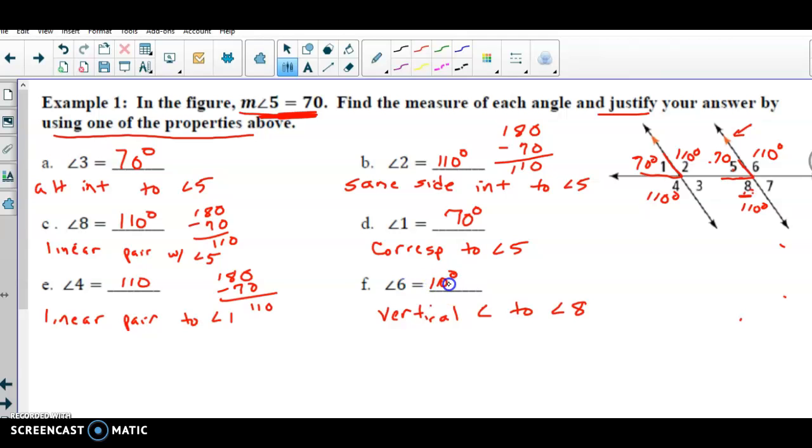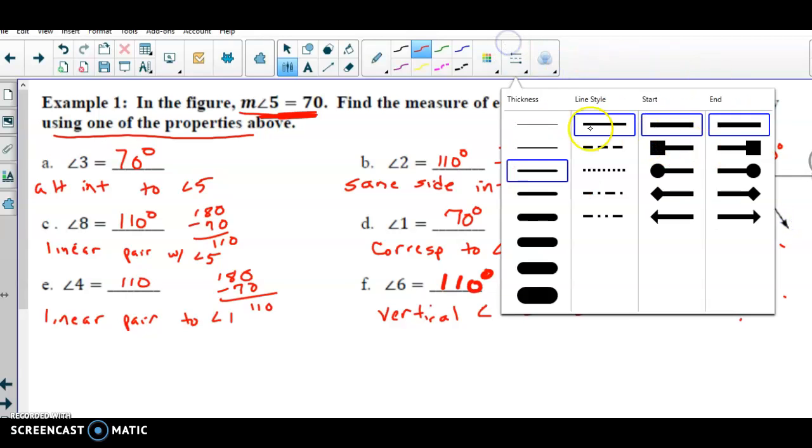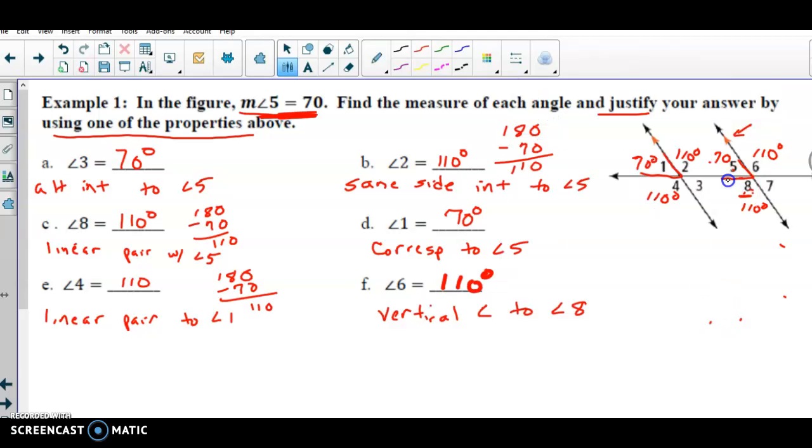So notice when we have this drawing, we really have 8 angles, but we have 2 angle measurements. 4 of them are going to be acute angles. They are all going to be 70 degrees. That one's going to be 70 degrees. That one's going to be 70 degrees. And then all of the obtuse angles in this drawing measure 110.